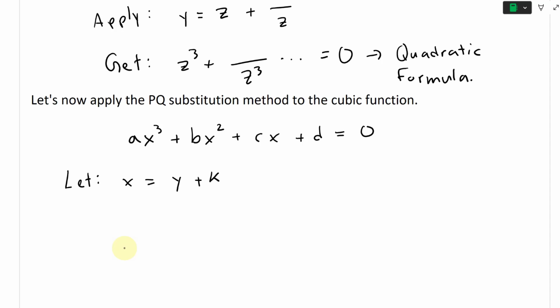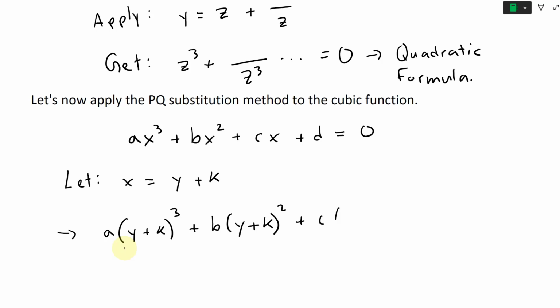So this all becomes now, a times y plus k, cubed, plus b times y plus k, squared, and then plus c times y plus k, and then plus d equals 0.